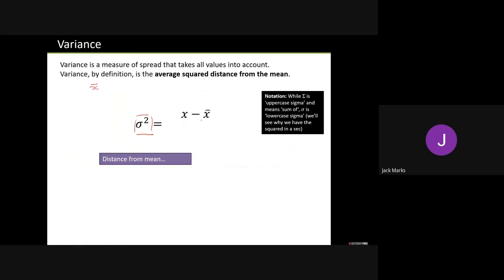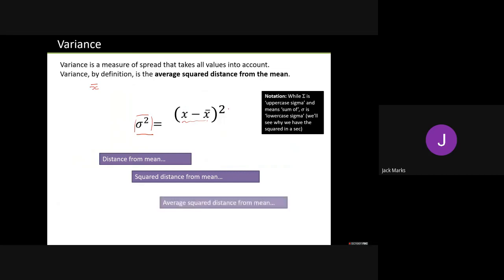Your piece of data, take away the mean, the difference. So distance from the mean looks like the difference here. And then we're going to square this, okay? Think about if we have a negative number overall in the brackets or a positive number, okay? Either way, when this is squared, this will turn into a positive value, the whole thing so far.